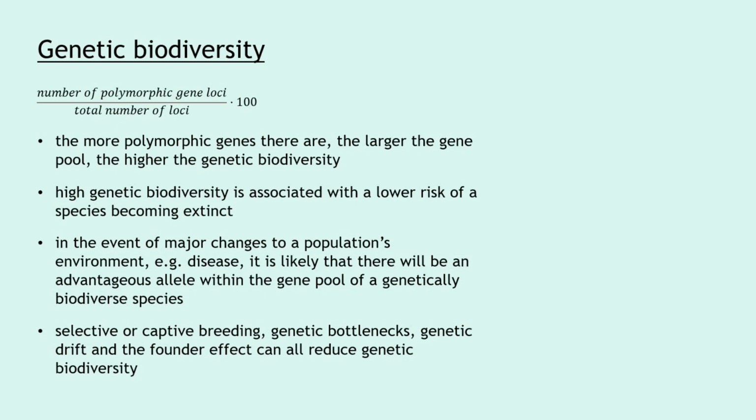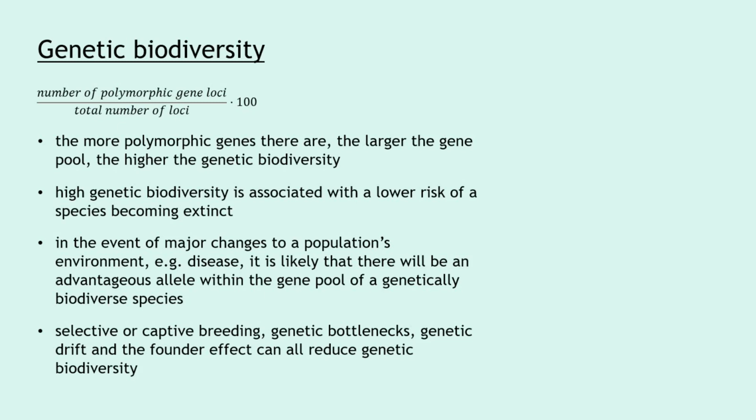They repeat this breeding process over many generations, so it is an iterative process, and eventually you will have a population with a high allele frequency for this desirable phenotype. And this means that you have reduced genetic biodiversity if everybody has similar genomes.